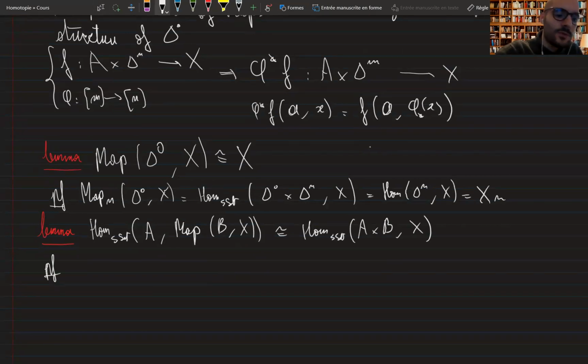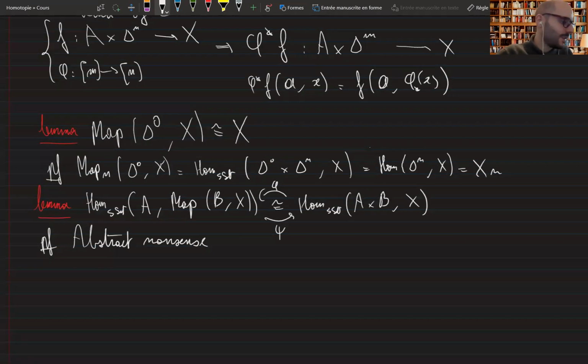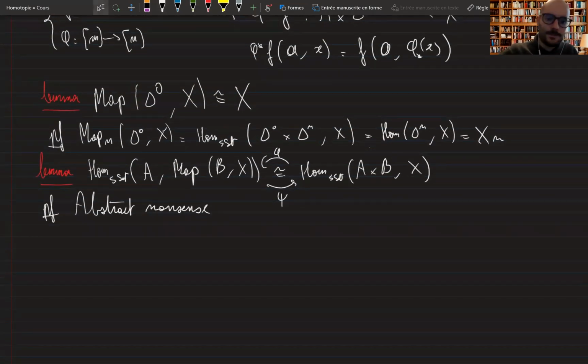The proof is a bit of abstract nonsense. I will define two maps. Sorry, this is psi, this is phi, and I will let you check that they are inverse to each other. It's not hard, but just to write down the map.